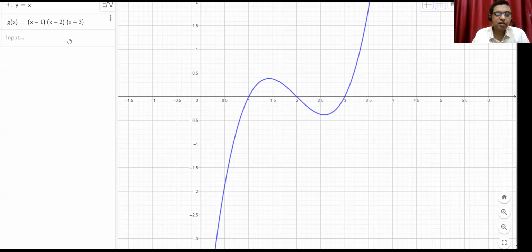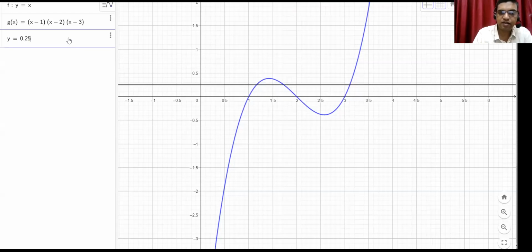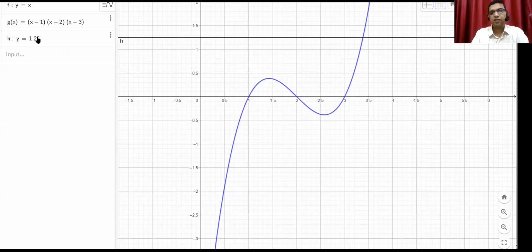Let us say y equal to 0.25 is the line. See, it is cutting at 3 points. The horizontal line is cutting the graph at 3 points. At some places it will cut at a single point. If I make it 1.25, it cuts at 1 point, but at 0.25, it will cut at 3 points.